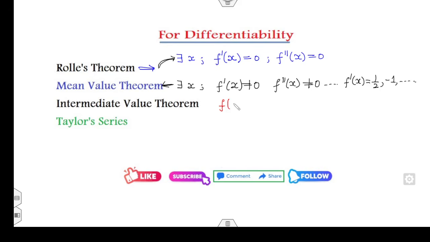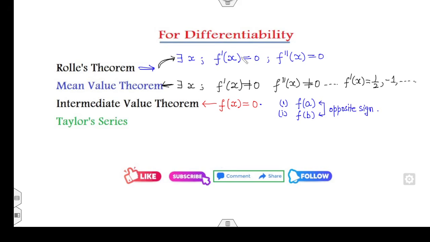In the intermediate value theorem, whenever they are asking you about the value of f, not f dash, f of x will be 0, then you can apply the intermediate value theorem. But whenever you apply the intermediate value theorem, you have to satisfy two conditions. That means take any two points a and b which are of opposite sign. Opposite sign means one value is positive, the other is negative.